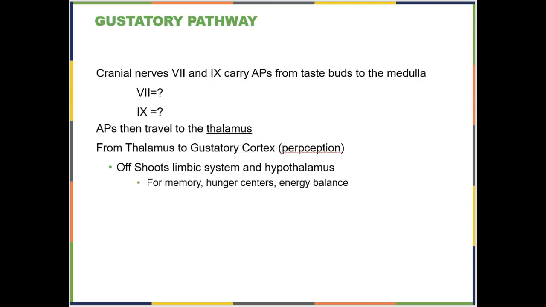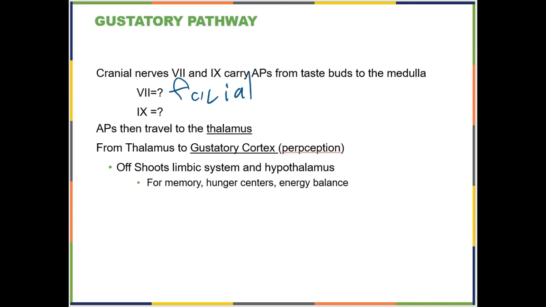So then the gustatory pathway, this would be the primary pathway, is cranial nerves 7 and 9. Does anybody remember which one 7 and 9 are? 7 is facial, if you don't remember.